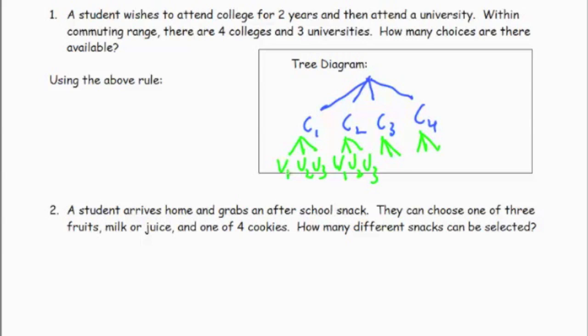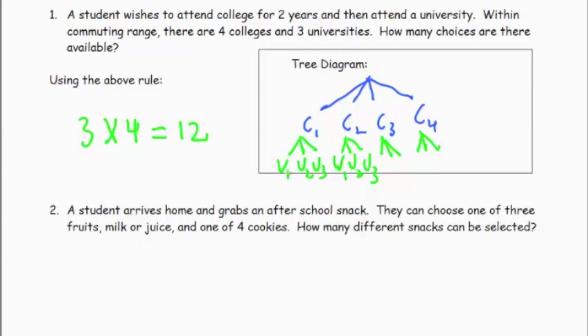I think you get the drill here. So I'm just going to write out the other three branches. And again, along the bottom row of those branches, there are 12 branches. That tells you how many there are. Using the fundamental counting principle, there'd be 3 times 4, 12 different options for post-secondary.